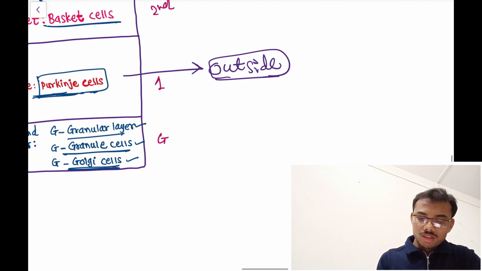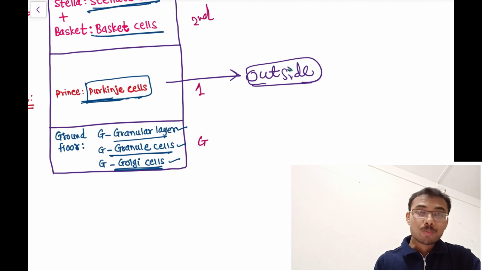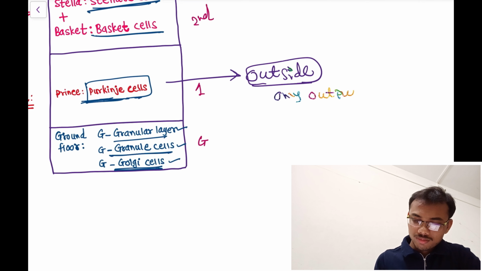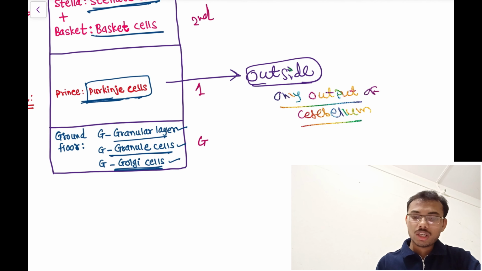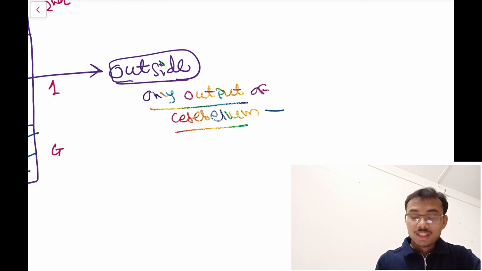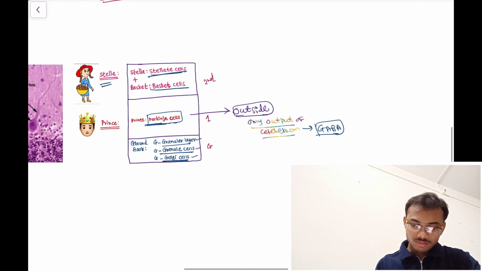So the mnemonic here is that the only output of the cerebellum is from the Purkinje cells. These Purkinje cells are the only output of the cerebellum, and it is an inhibitory GABA output.